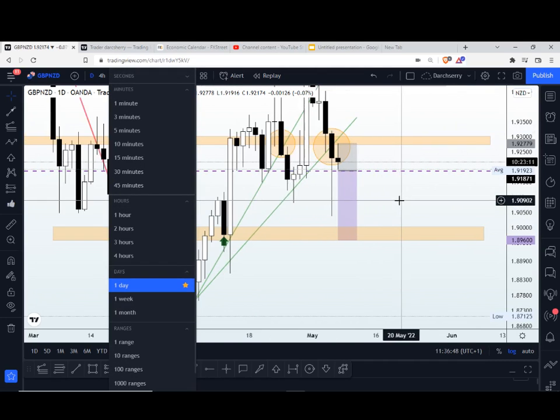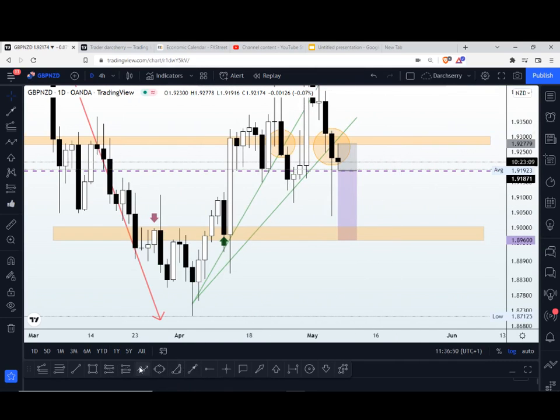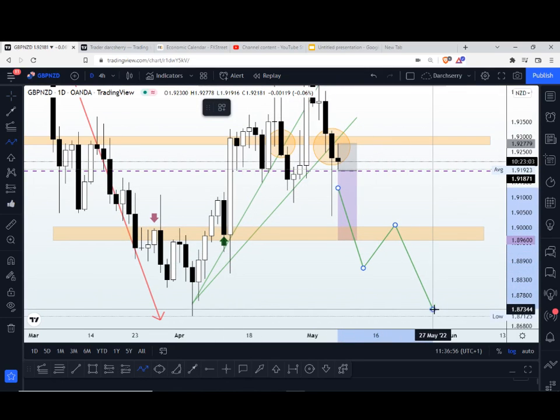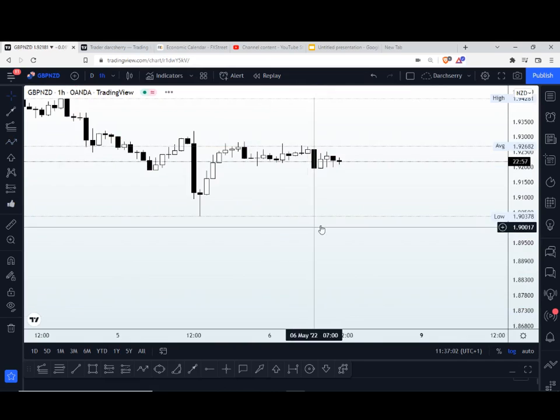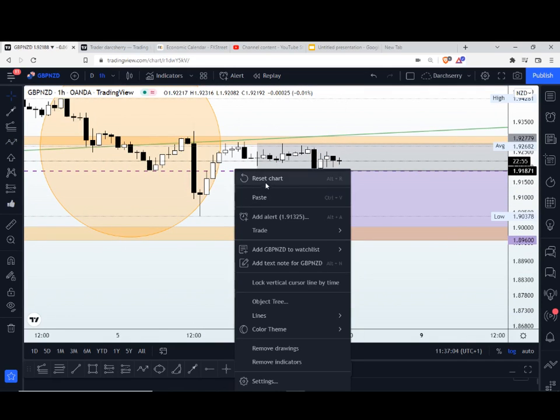And mind you, it's still possible that we have a breakdown of this level we identify here, where we can actually, if possible, add more positions to our existing trade. So in that regard, this is what we have.